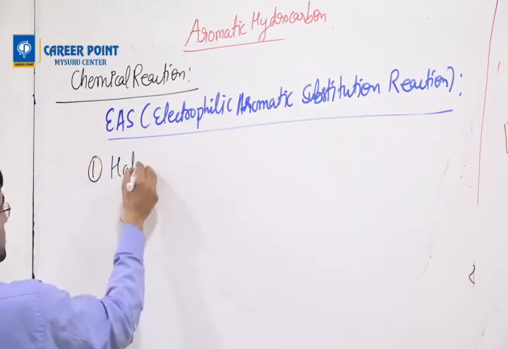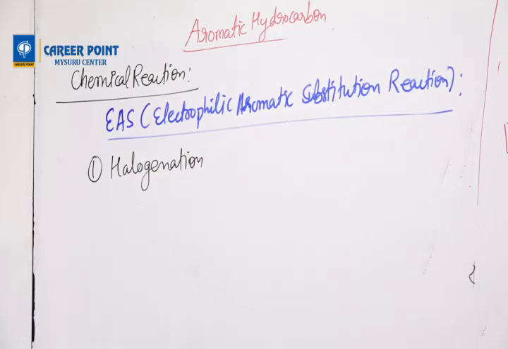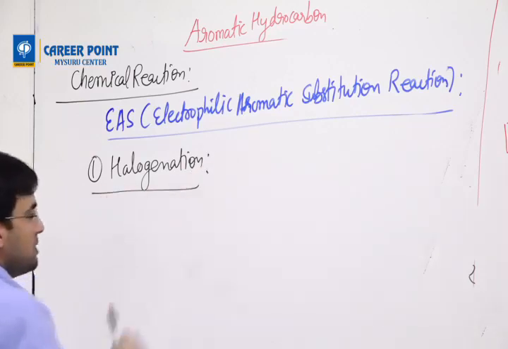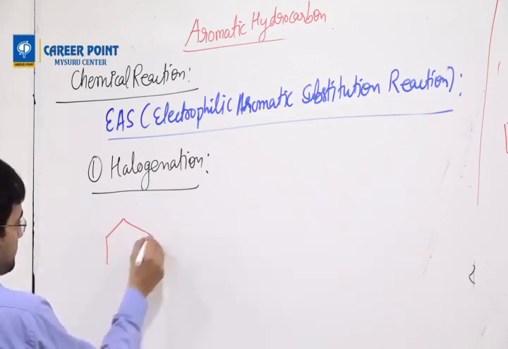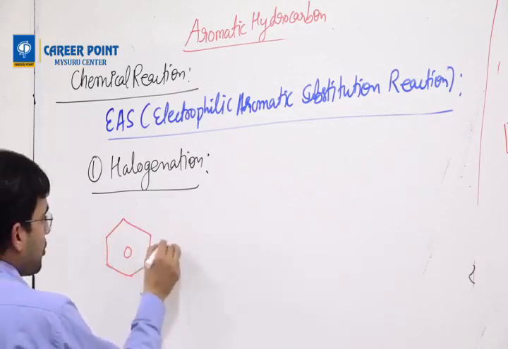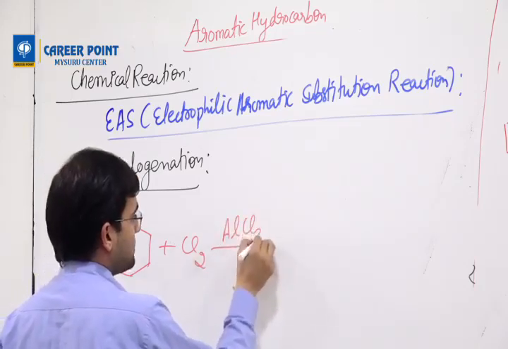First one is known as halogenation. Halogenation reaction takes place like this. You will have benzene plus Cl2 in the presence of AlCl3.